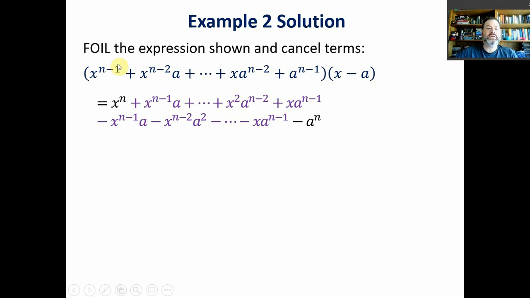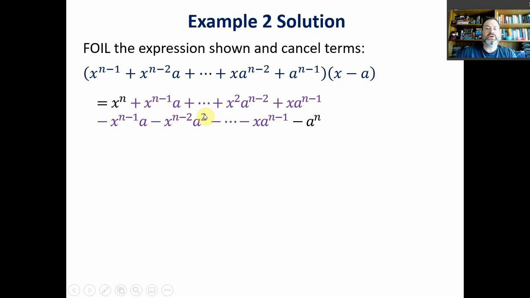So x to the n minus 1 times x is x to the n. X to the n minus 2 times a times x is x to the n minus 1 times a. So we have x to the n minus 2 times x, which gives us x to the n minus 1. You just continue on down the line.